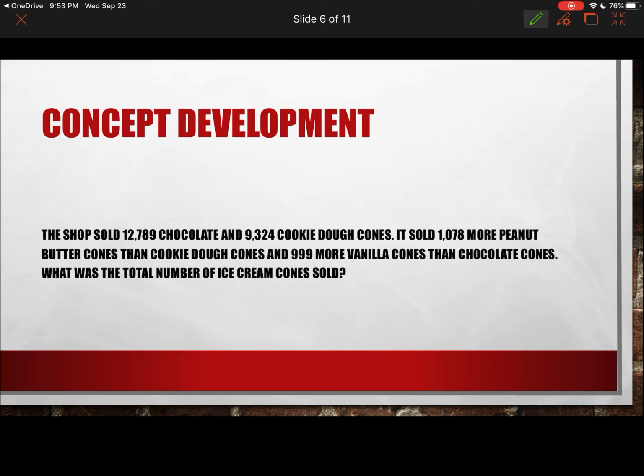So for chocolate, CH, we have 12,789. For cookie dough, CD, we have 9,324. For peanut butter, PB, it says 1,078 more peanut butter. So let's do 1,078 plus, and then it says more than cookie dough.